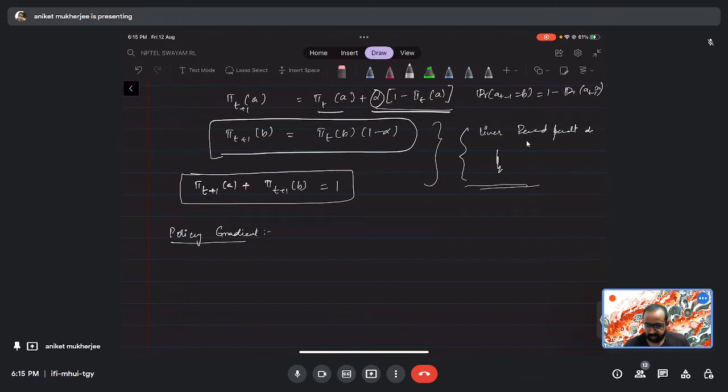So next is policy gradient. What you do is, since pi's are distributions, you parameterize your distributions using some parameters. Suppose you have a Gaussian, you can parameterize it using the mean and the variance. If you know the mean and variance of a Gaussian, you can write down the whole Gaussian distribution equation, and you can find the probability of x being less than or greater than something.